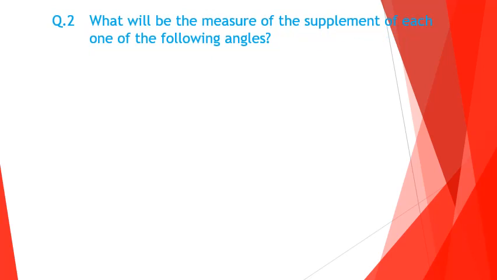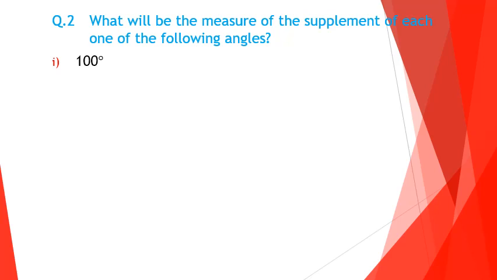Next, question number 2. What will be the measure of the supplement of each one of the following angles? One angle is given, 100 degrees. You know that supplementary angles are a pair of angles. Out of that, one is given. So how to find the other angle? Yes, we know that the sum of supplementary angles is 180 degrees.